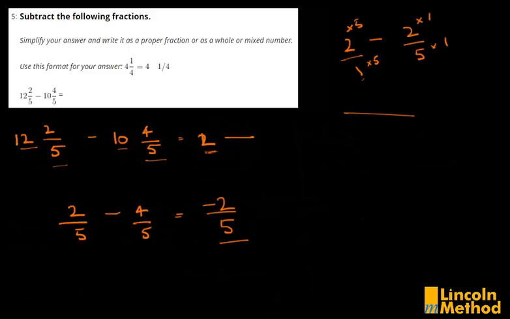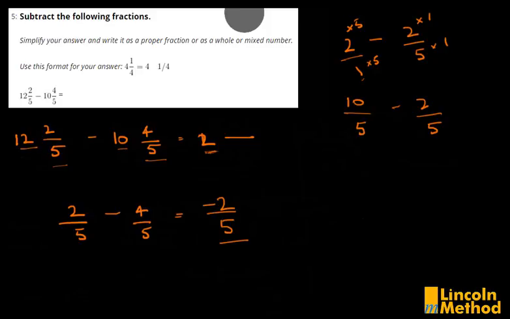So 5 multiplied by 2 gives us 10. And 1 multiplied by 5 gives us 5. And then we have 2 multiplied by 1, which is 2, and 5 multiplied by 1, which is 5 again.